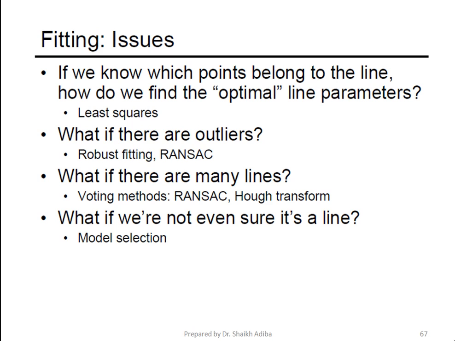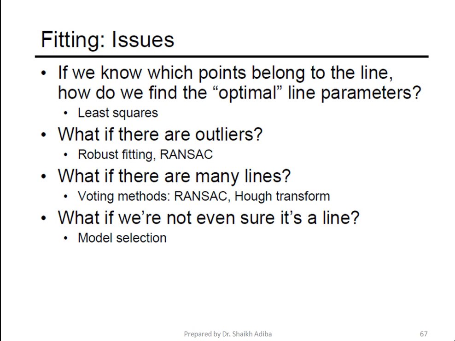Now, if we know which points belong to the line, how do we find the optimal line parameters? There's a big question here. The answer we can find is the least squares method. We can go for fitting a model using the least squares mechanism. In case you have outliers, this can be handled with robust fitting or the RANSAC algorithm.